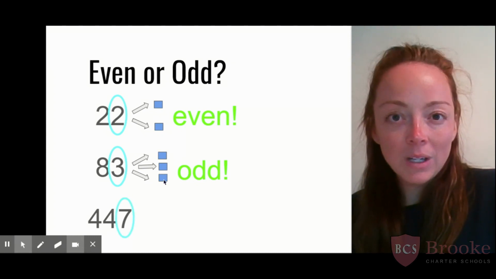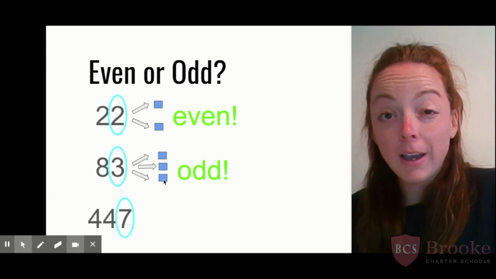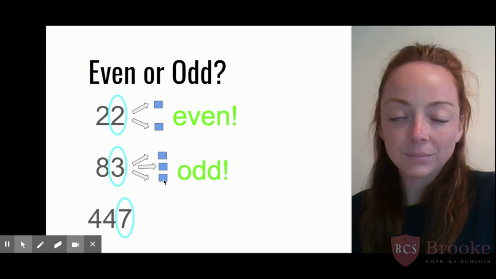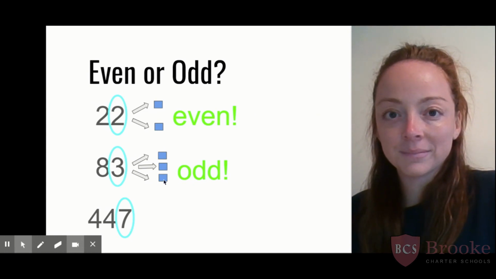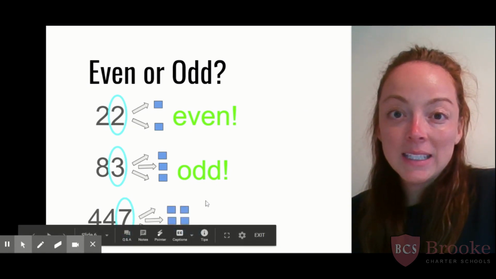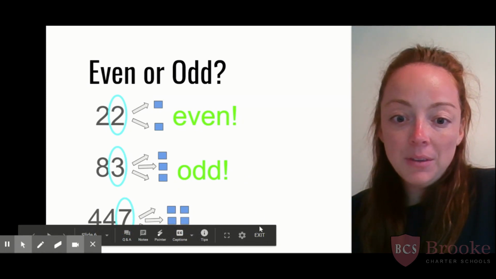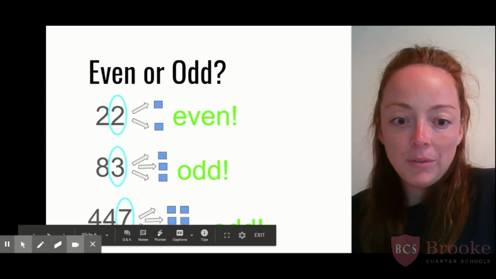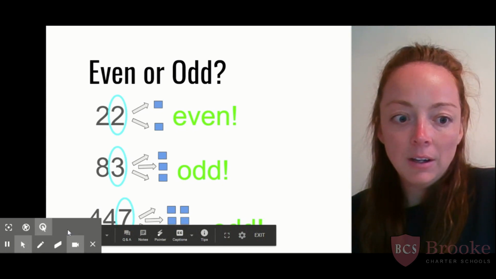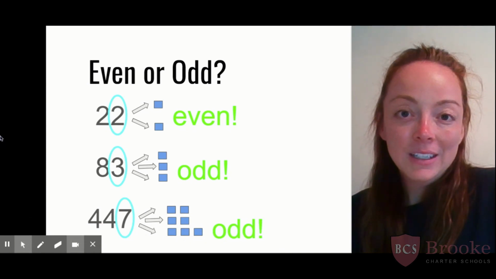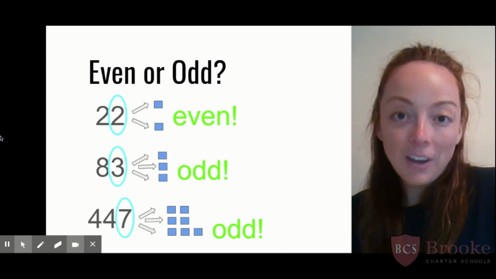So would 7 ones be even, like fair, or odd, meaning 1 left over? Let's see if you're right. If I tried to split 7 ones and make it fair, I would have a group of 3, a group of 3, but then 1 left over. So that would make this number odd.